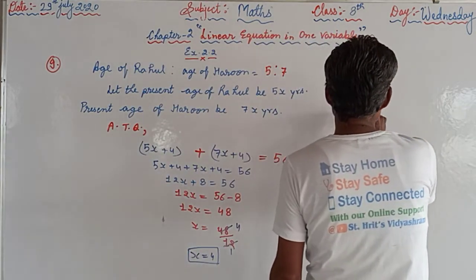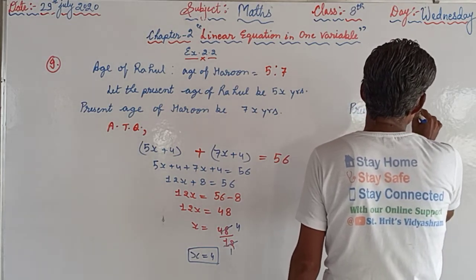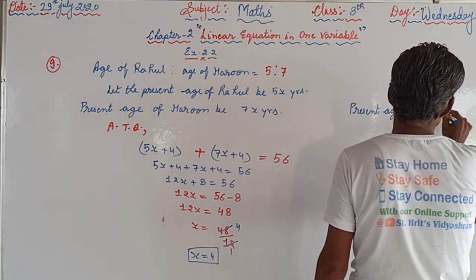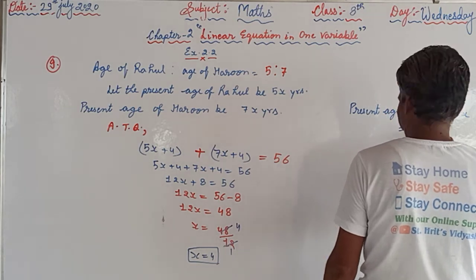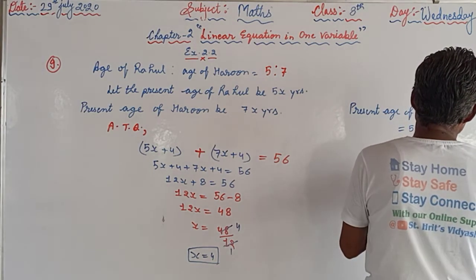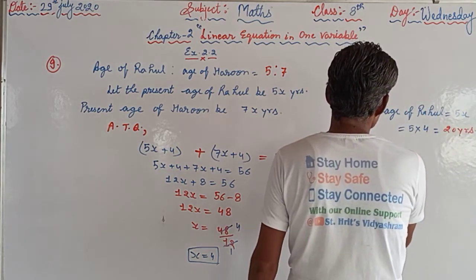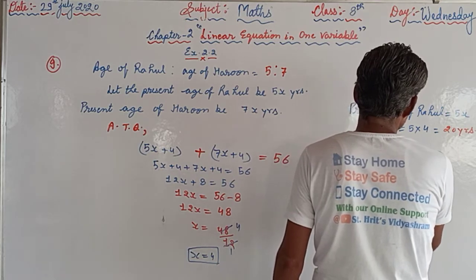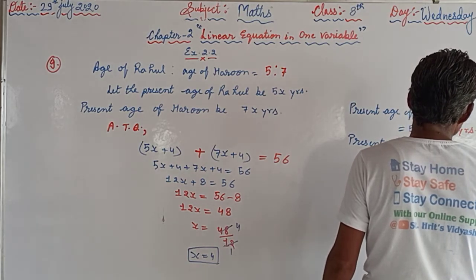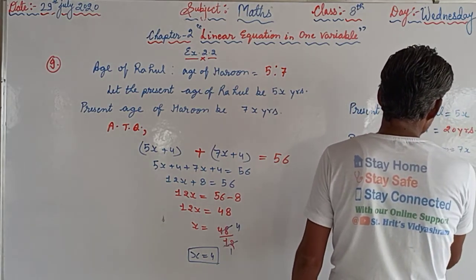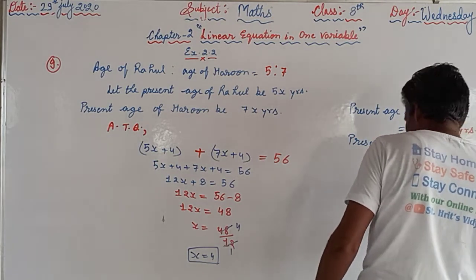Now the present age of Rahul is 5x, means 5 into 4, that is 20 years, and the present age of Harun is 7x, means 7 into 4, that is 28 years.